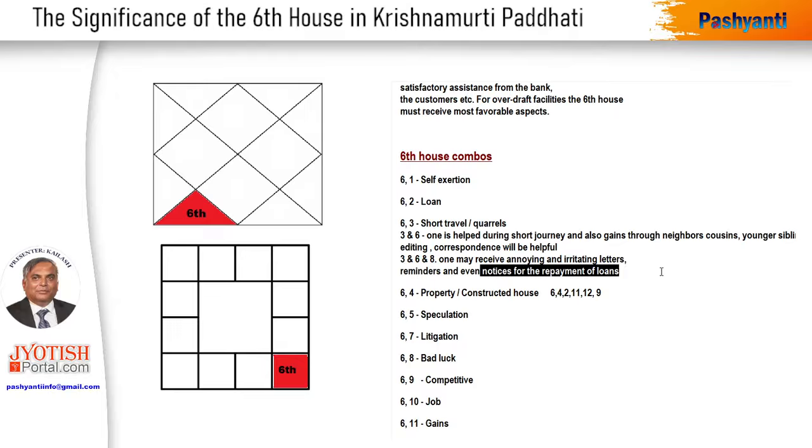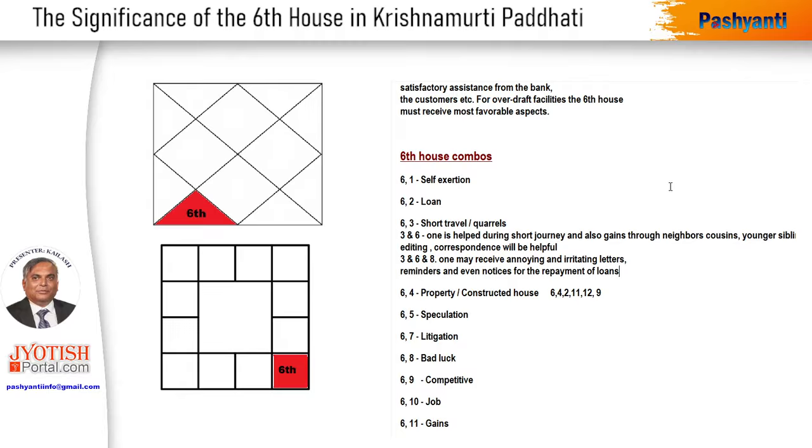So when the 3rd house joins hands with the 6th house along with the 8th house, it starts giving bad results.